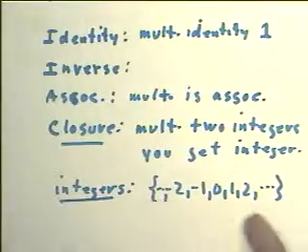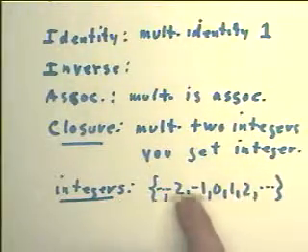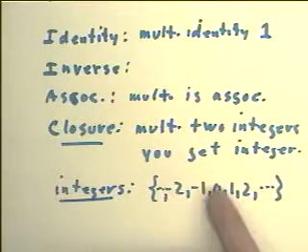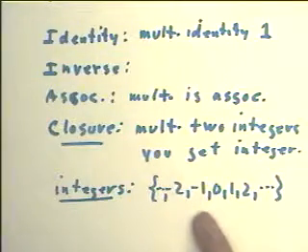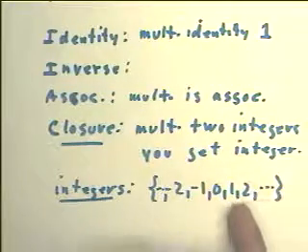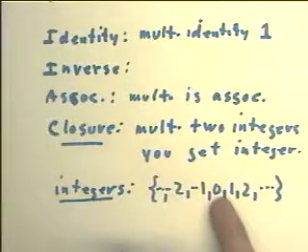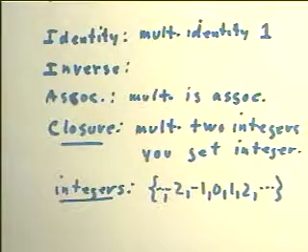Now that's what the set of integers is, and again we see if we multiply two of these things, there's no fractional part to either of them. We're going to get something without a fractional part. And an integer is basically any positive or negative number, or 0, not having a fractional part.